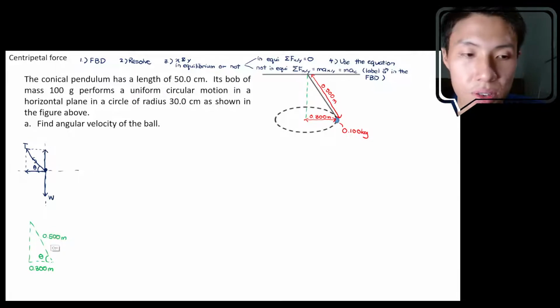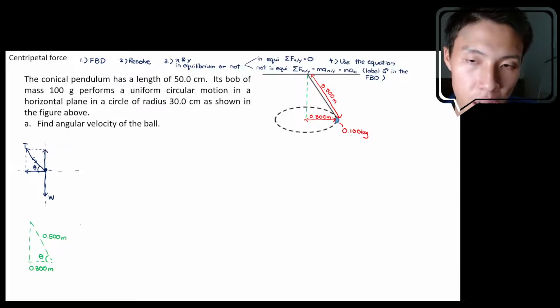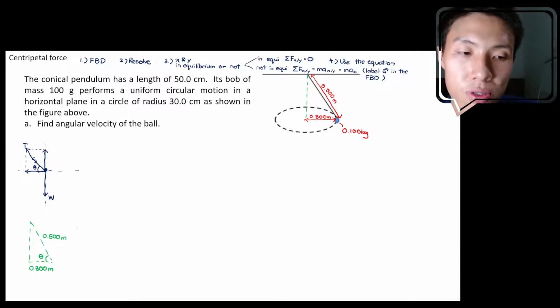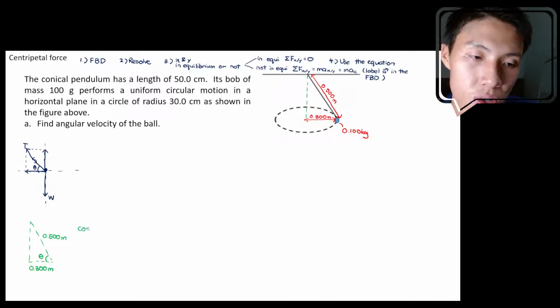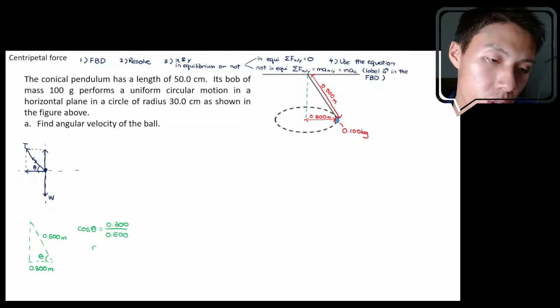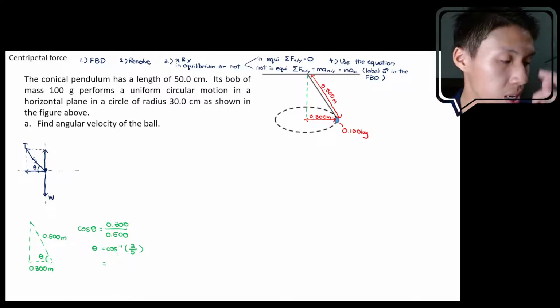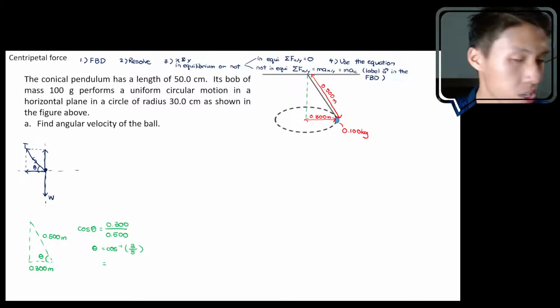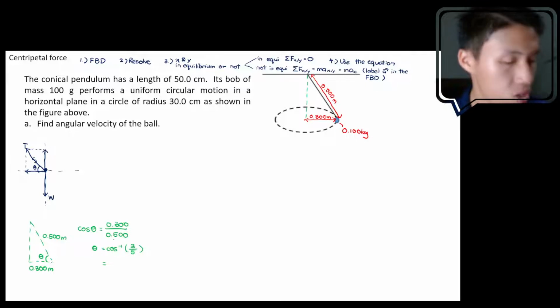With adjacent and hypotenuse, you need to solve it using cosine. So cosine theta equals the adjacent, 0.300, divided by the hypotenuse, 0.500. You inverse the cosine to the other side, then you get inverse cosine of 3 over 5, and therefore the answer you get is 53.13 degrees.